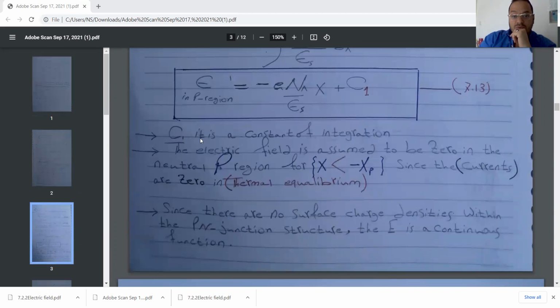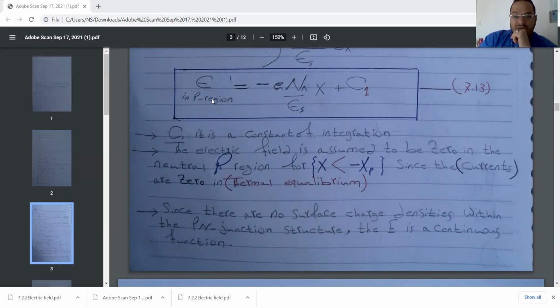Like I said before, C1 is a constant of integration. I will use another math trick to calculate the integration constant, and after that I will put this result in equation 7.13 to simplify the electric field equation more and more.